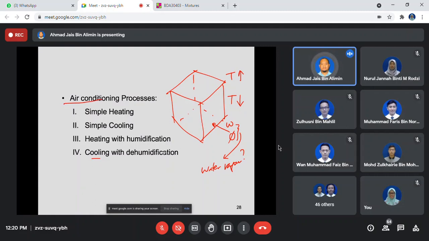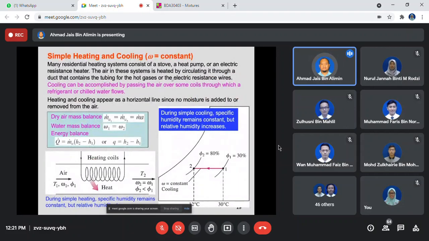And then you have the refrigerant to initiate the heat transfer process in a simple heating and cooling, and then you refer to the psychrometric chart. For any residential heating, for example a heat pump or electric resistance heater, we increase the temperature by making sure the air entering that volume passes through a heating element, or heating coil.